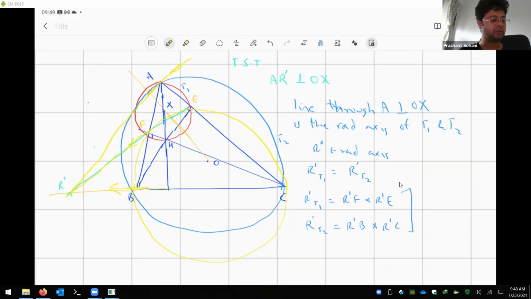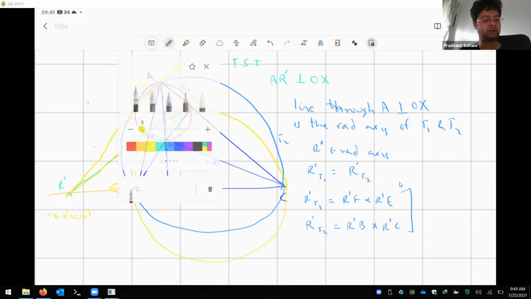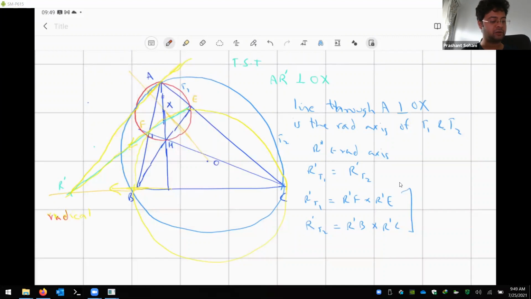I forgot to mention that this point is called the radical center. Whenever you have three circles for which you are taking the pairwise radical axes, we showed that they are concurrent, and that point of concurrence is called the radical center. Just for your information. So are we done then? Are you able to follow the proof?